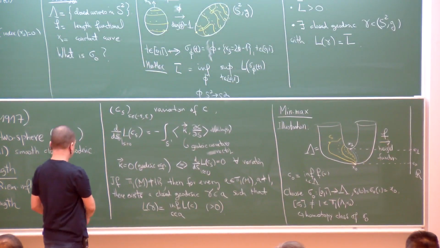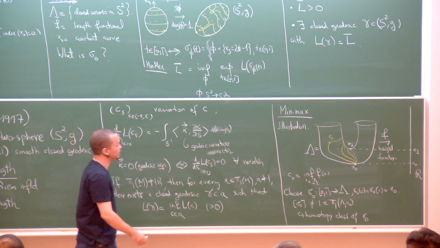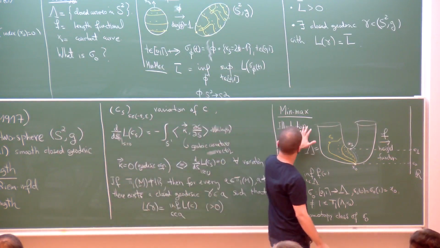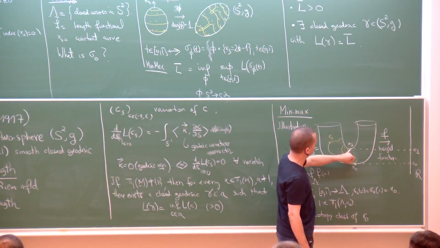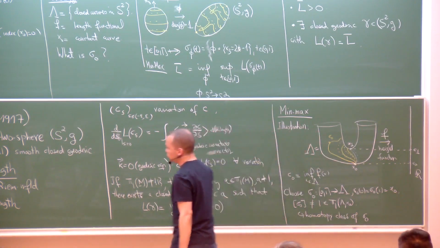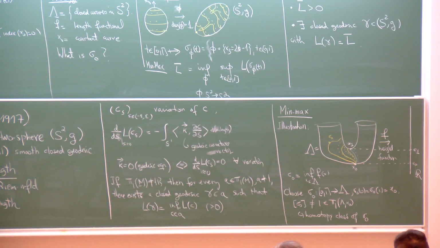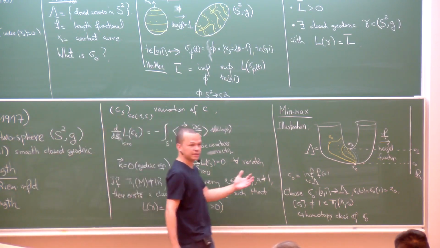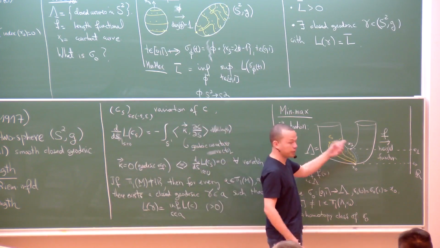So let me explain how that is done. Going back to this analogy here, in this situation I would like to detect this critical point x1. There's one thing one can do, which is very natural, some kind of efficient way of detecting this critical point.